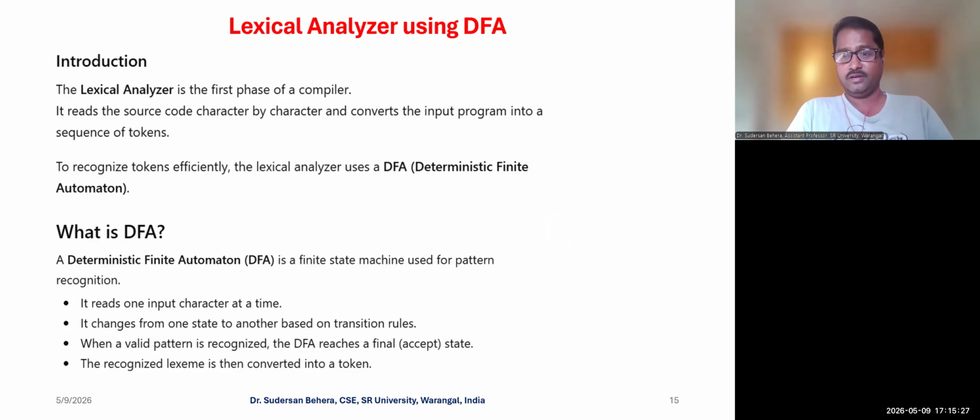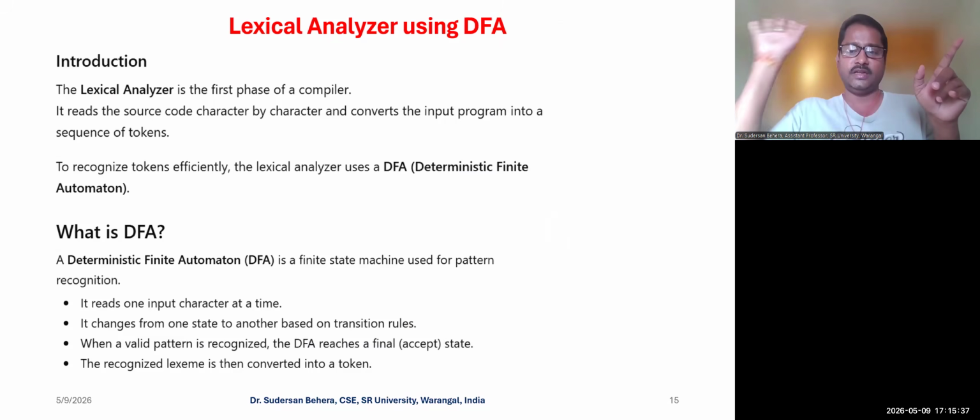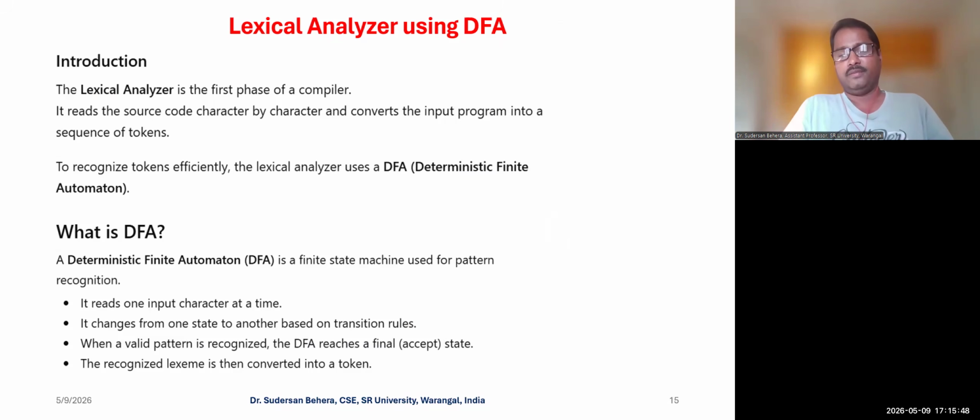Starting from the start state, while reading the input symbols, if it reaches the final state, then the entire input pattern is a valid pattern. I mean, a valid lexeme, and for that, the corresponding token is easily identified. That we'll be discussing.